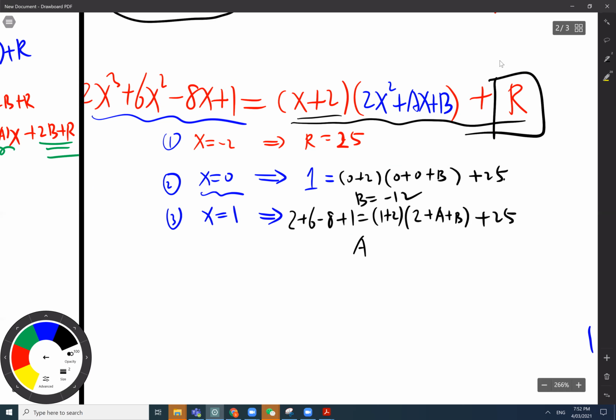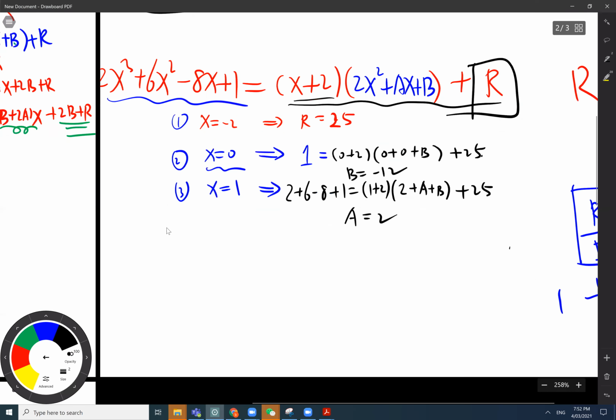A equals 2. Yeah, if you substitute different values, you can get different things. Okay. This is called the remainder theorem.